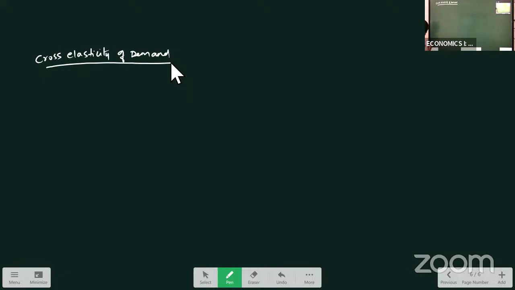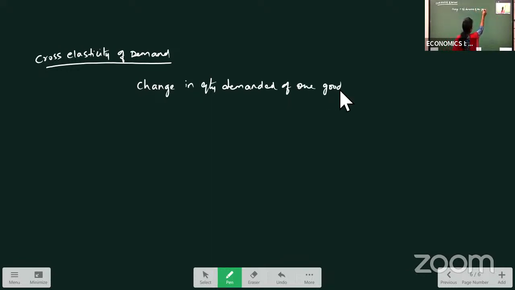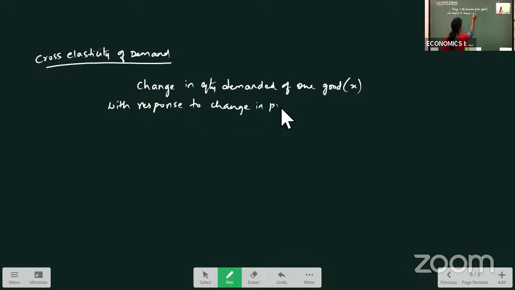you just see here. For cross elasticity of demand, it is the change in quantity demanded of one good, say X, with response to change in price of another good, say Y. Now X and Y are related goods.